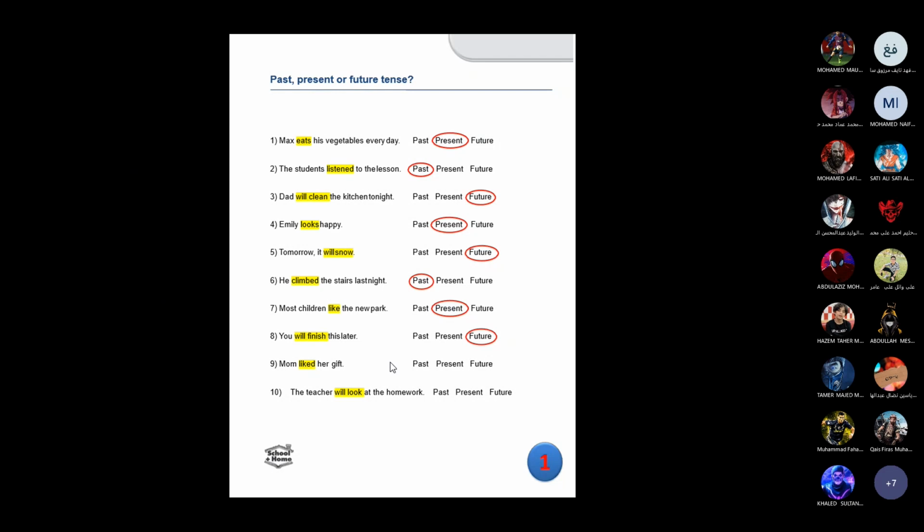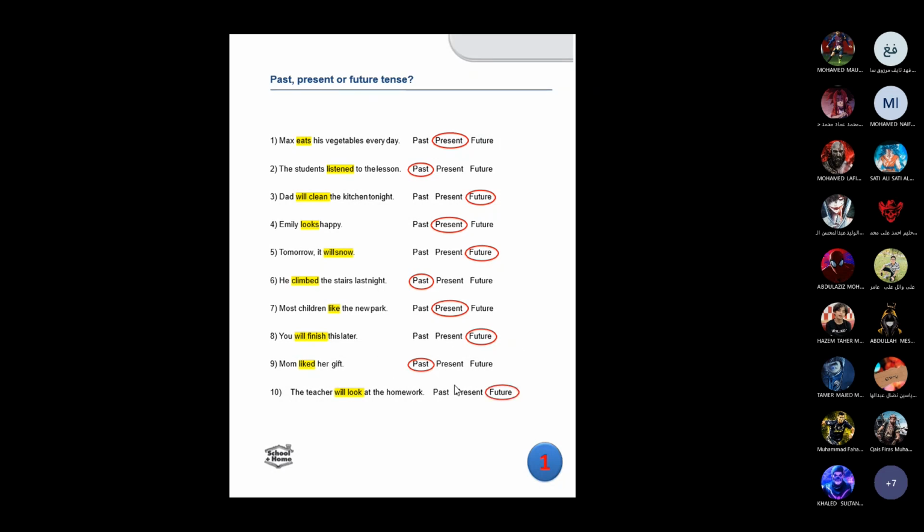Okay, very good. Fahad Naif, number 10. Yes, number 10. I will look. This is future. How do you know? Because of will. Very good. So will here is a helping verb that refers to the future. So that is future: will look.